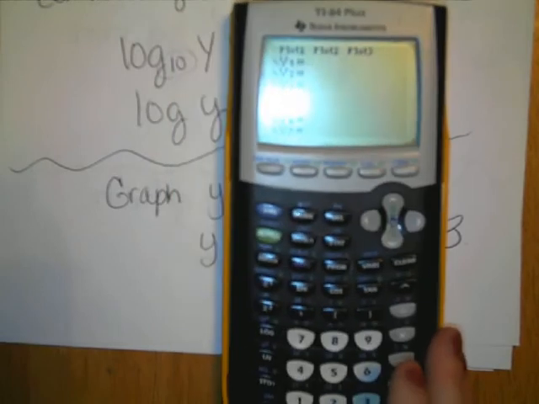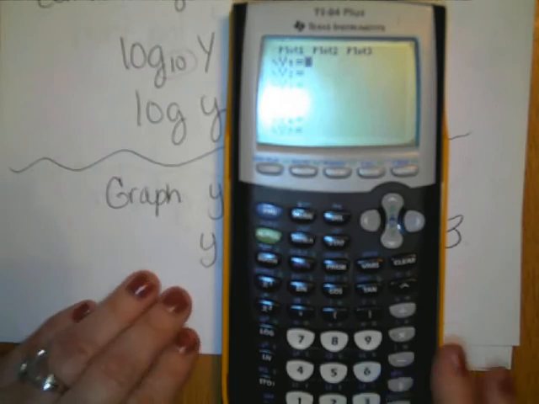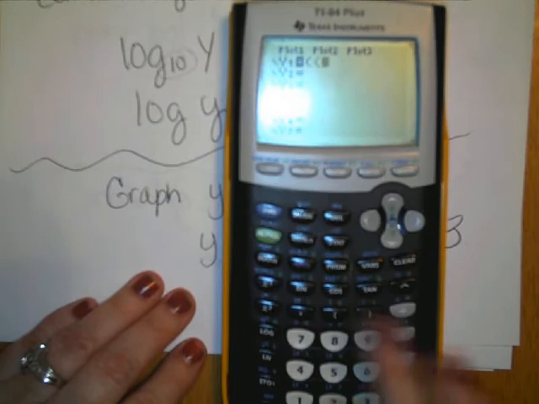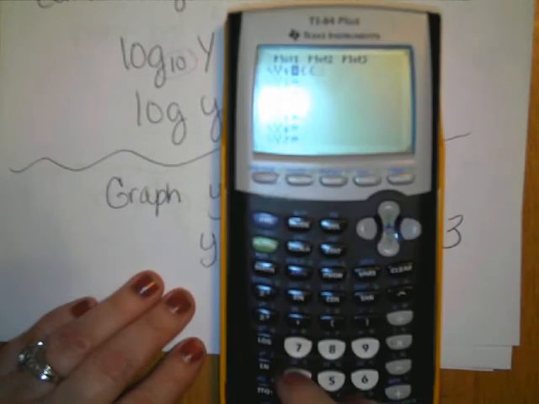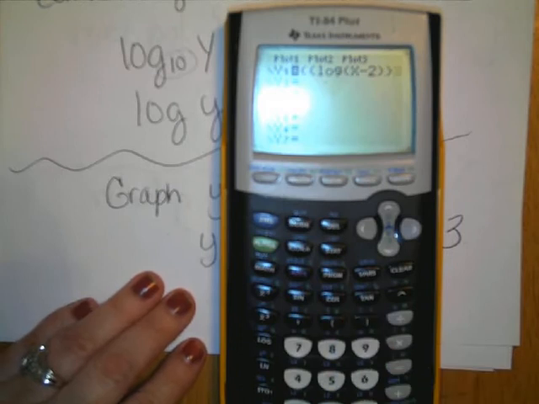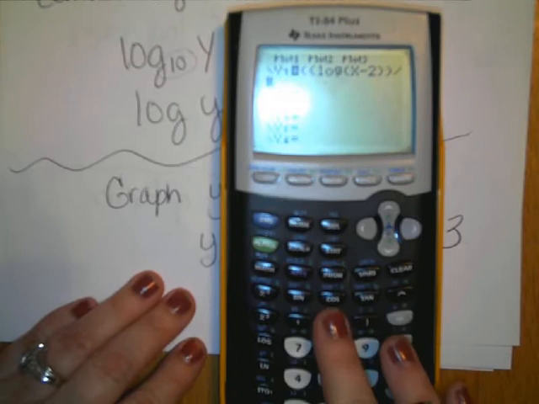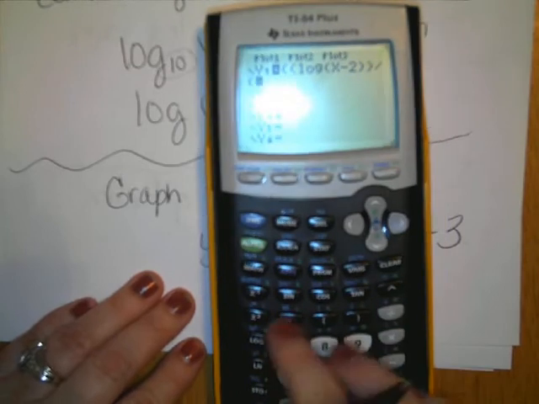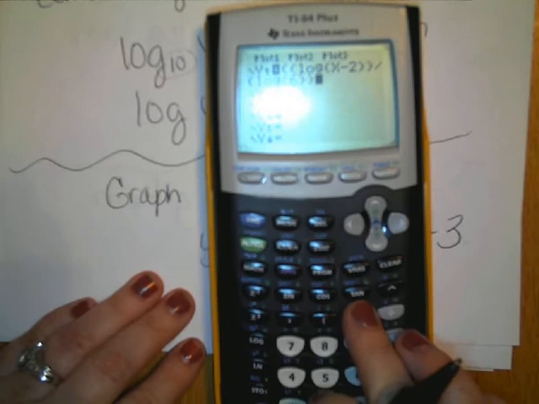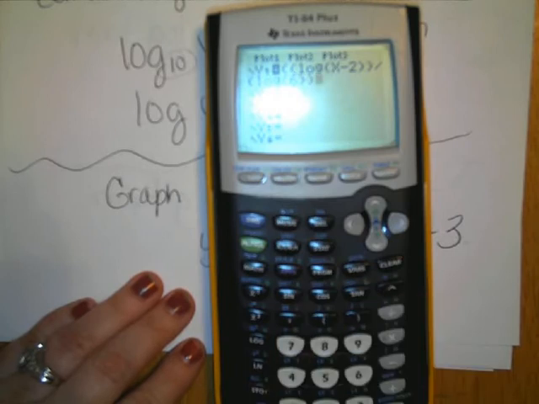I'm going to put in a big set of parentheses, and then a little set, and I'm going to have log of x minus 2, and then there's my first log, divided by my second log, which is log of 6, and then that whole big parentheses is around that. So then I'm going to say plus 3 and graph.